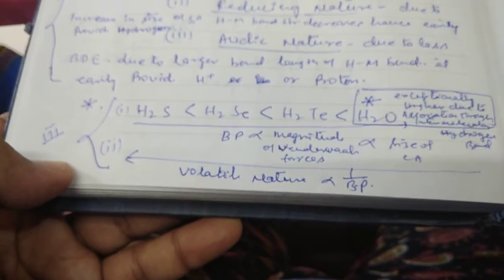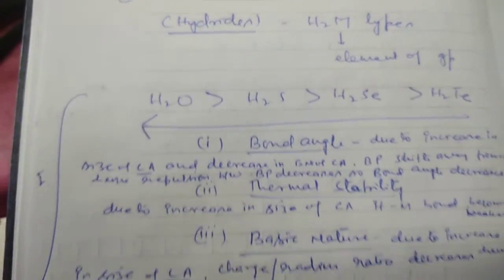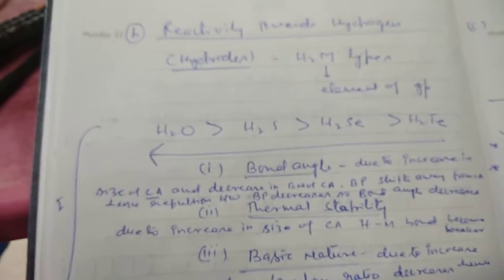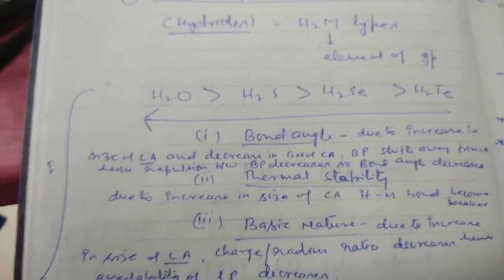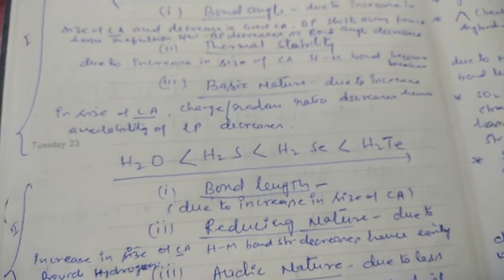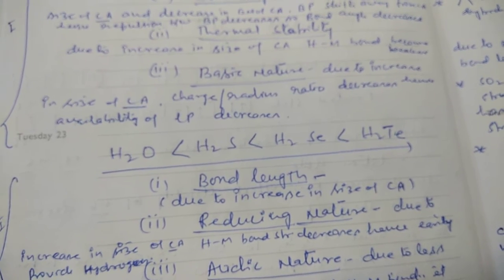Class, questions based on hydrides are frequently asked. And one more point: for hydrides of group 15, group 16 and group 17, the first 6 properties have the same cause, while the 7th and 8th, that is boiling point and volatile nature, may have a little bit of exceptions.